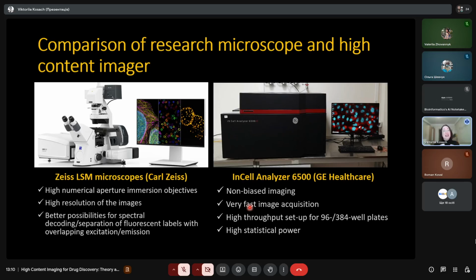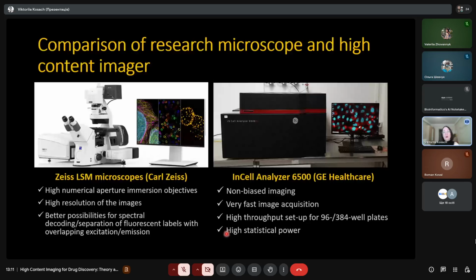But actually, believe me, it's really fast image acquisition. And also, I already told you that these microscopes usually operate with multi-well plates to increase the throughput, to increase the amount of compounds that you could test in one run.